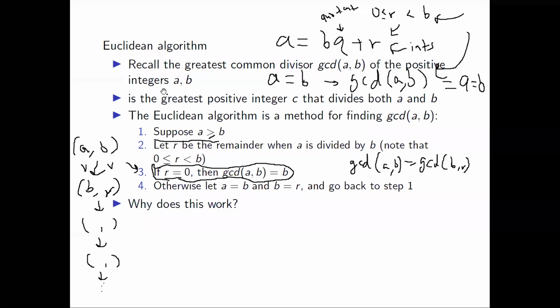So we can see this, we can suppose that C is any divisor of A and B. So if C divides both A and B, then we can say A equals JC, B equals KC for some J and K that are integers.